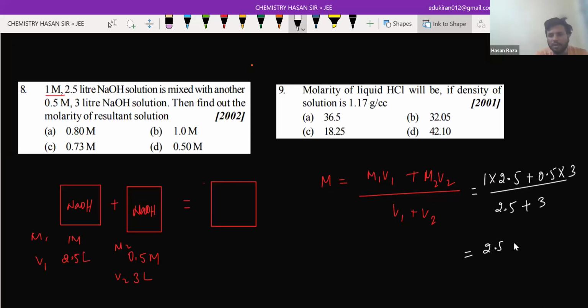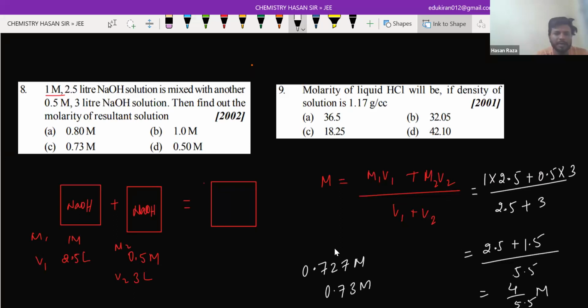So this will be 2.5 plus 1.5 upon 5.5, which after adding gives 4 upon 5.5 m. If you divide 4 by 5.5, you will get 0.727 m, that means 0.73 m. And hence the answer is C for question number 8. Have you got it?